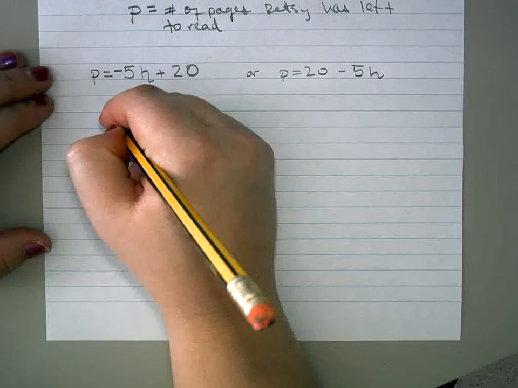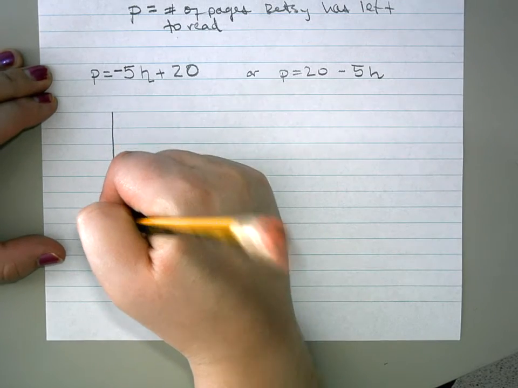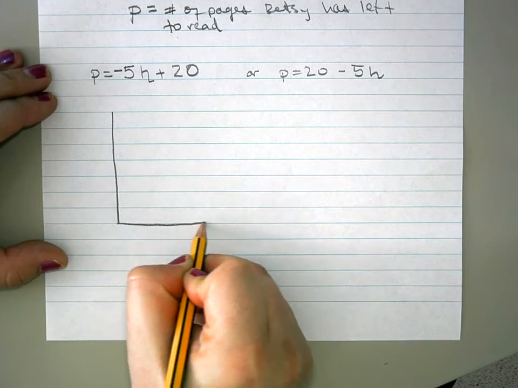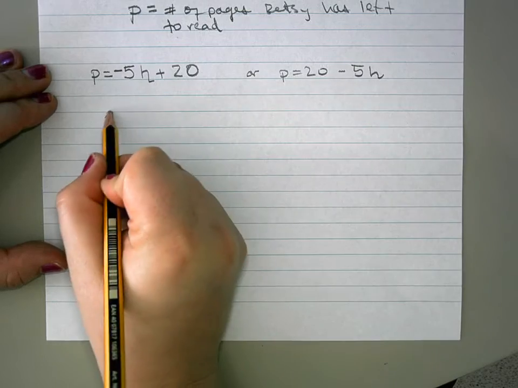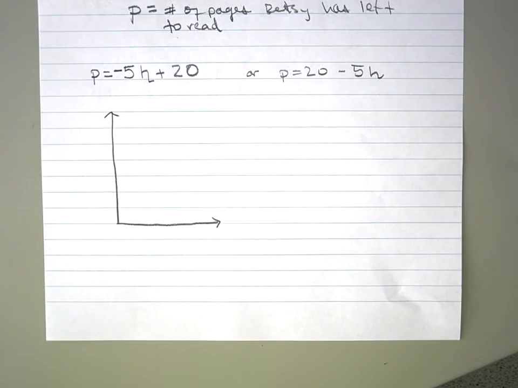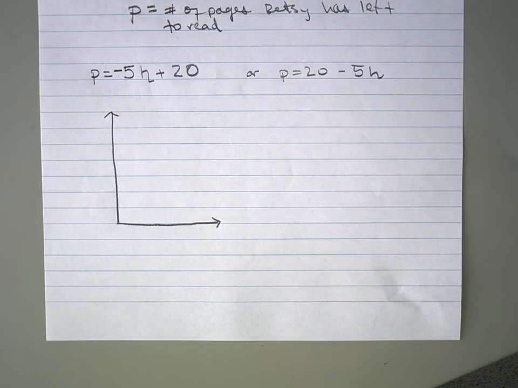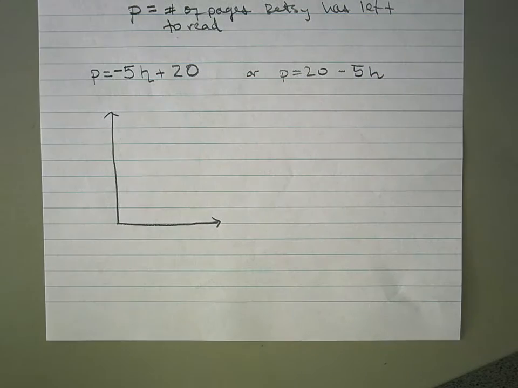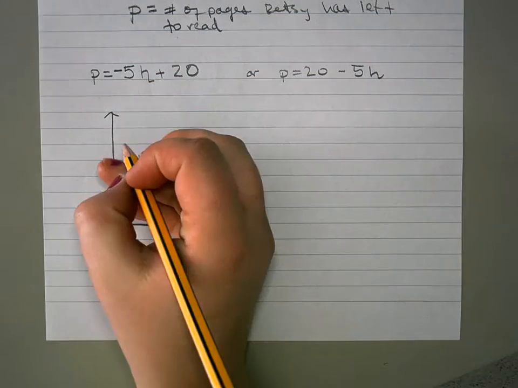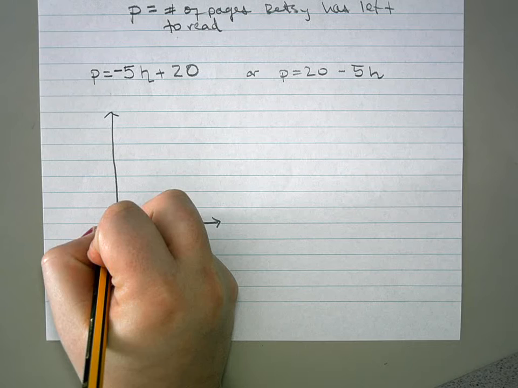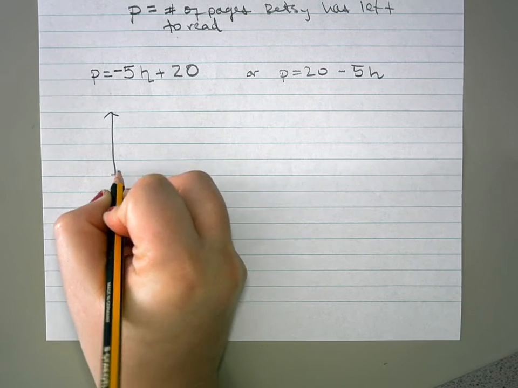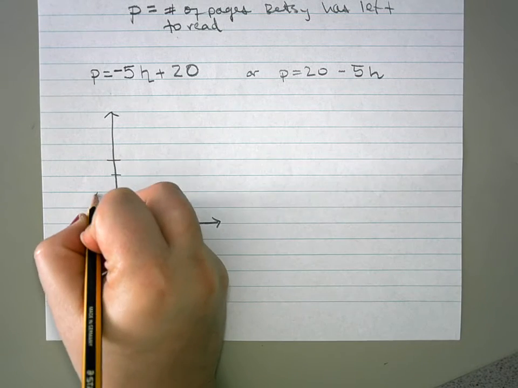It makes sense that we don't need to do the whole cross axes because she's starting off at 20 pages, kind of like the shopping situation. We don't care about the other pages, so we're just going to scale this 5, 10, 15, 20.